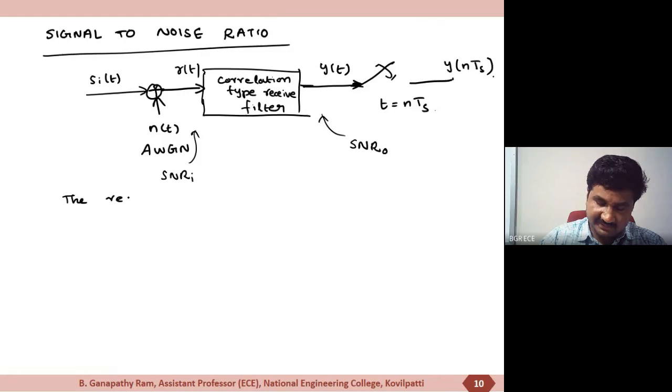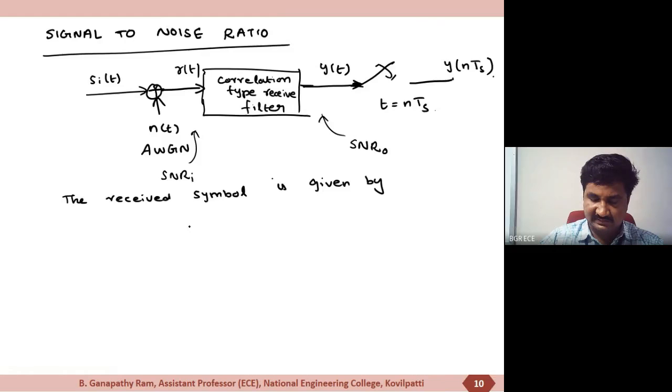So the received symbol can be represented as R of t is equal to the sum of the transmitted symbol Si of t and the additive white Gaussian noise N of t.